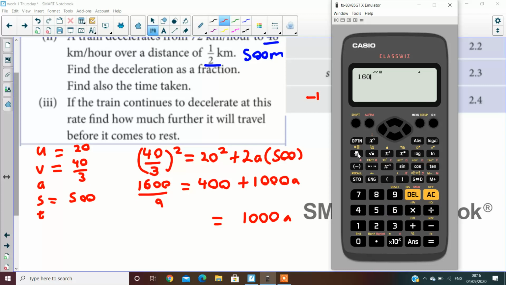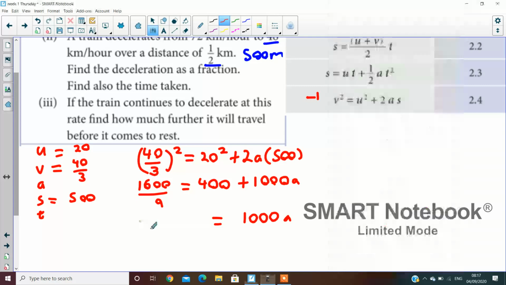It has to be a negative number. Why does it have to be a negative number? You're getting slower, so you have to be negative. So minus 2000 over 9. And then when you divide that by 1000, it's simply going to be minus 2 over 9 meters per second squared.